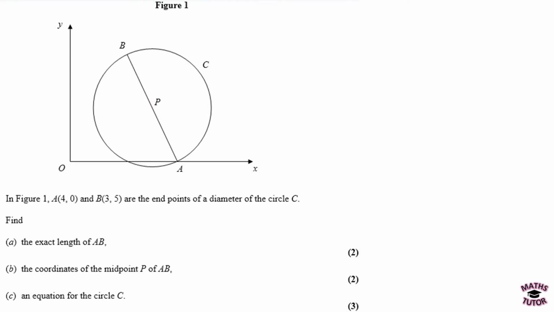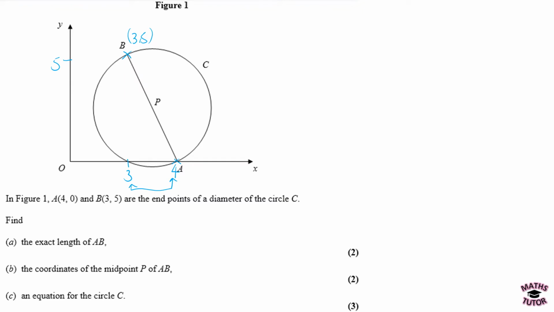Here's another similar question. We've actually got the diagram drawn for us. So (4, 0) is the point here at A, and then B is at (3, 5). Just having these key points on each of the axes is going to be really useful.